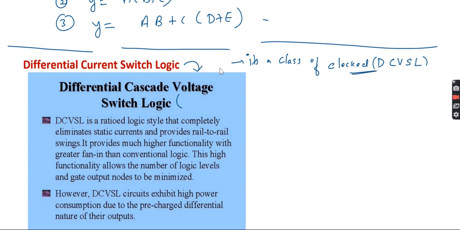See here, differential cascode voltage switch logic.